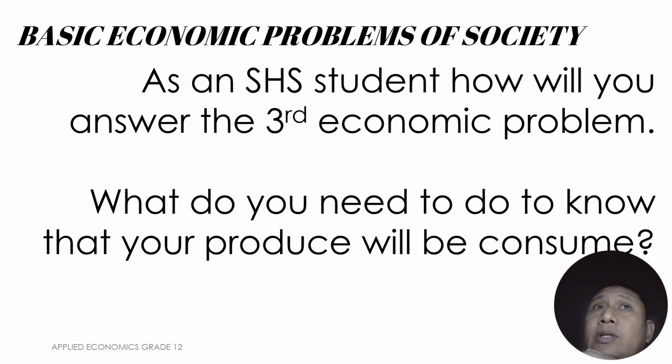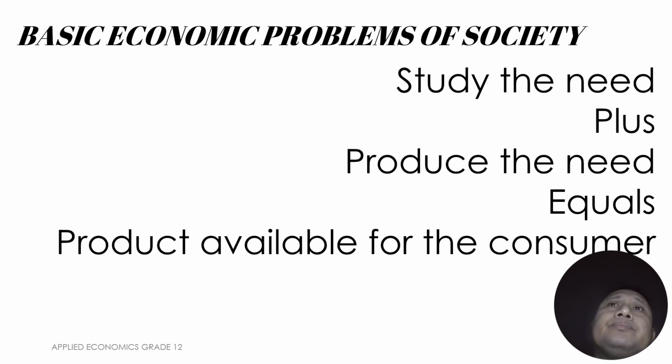As a senior high school student, how will you answer the third economic problem? What do you need to know so that what you produce will be consumed? Okay? So, naisip ko, palay, sinong kakain nito? Ito yung picture guide.